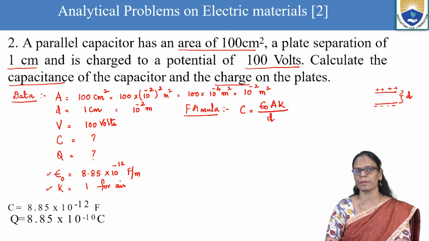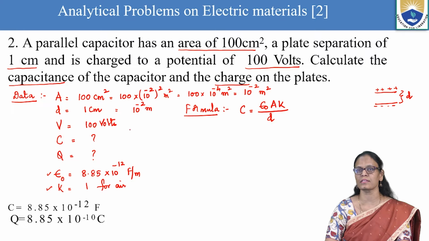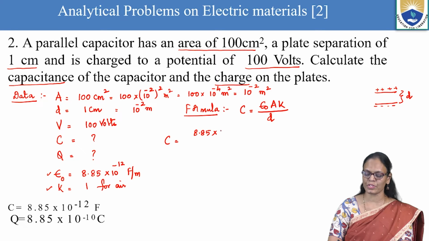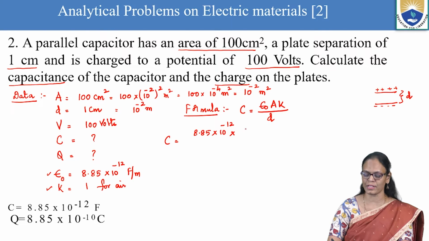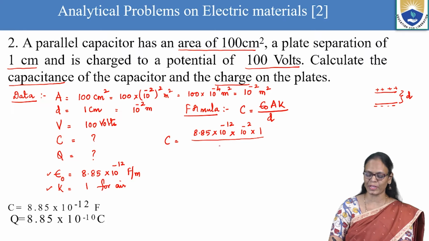So let us do the substitution. The next step in solving the numerical is substituting the given quantities in the formula. So C is equal to the value of epsilon naught, 8.85 into 10 power minus 12, and the area of the plates we got as 10 power minus 2. So 10 power minus 2 into 1 by D. D is the distance between the plates, which is 10 power minus 2.